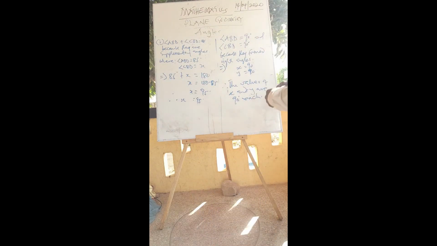So we have angle ABD giving us 90 degrees and angle CBD also 90 degrees because they form right angles. So x equals 90 degrees, y equals 90 degrees. The values of x and y are 90 degrees each.